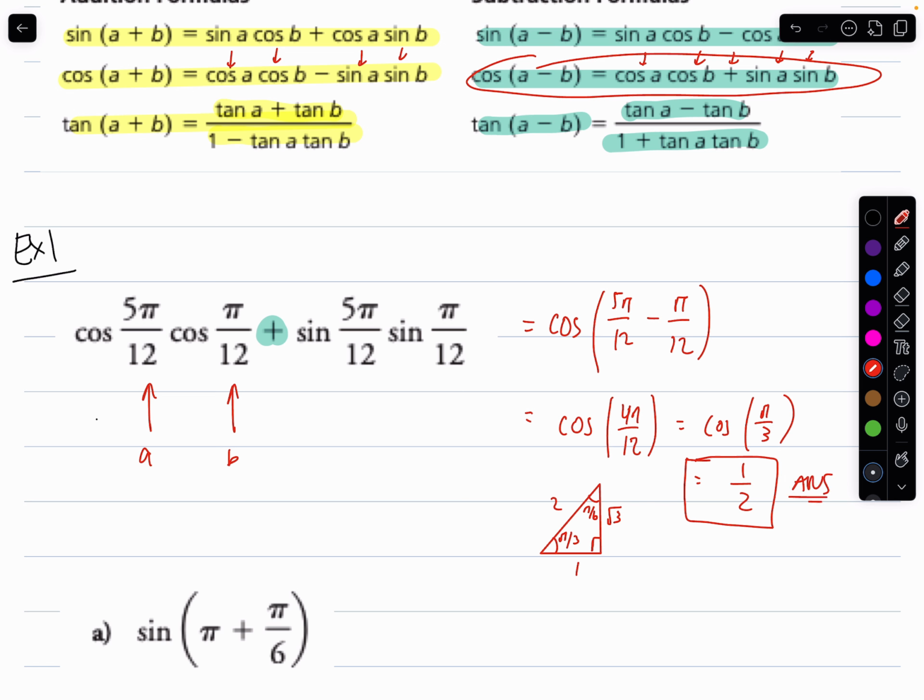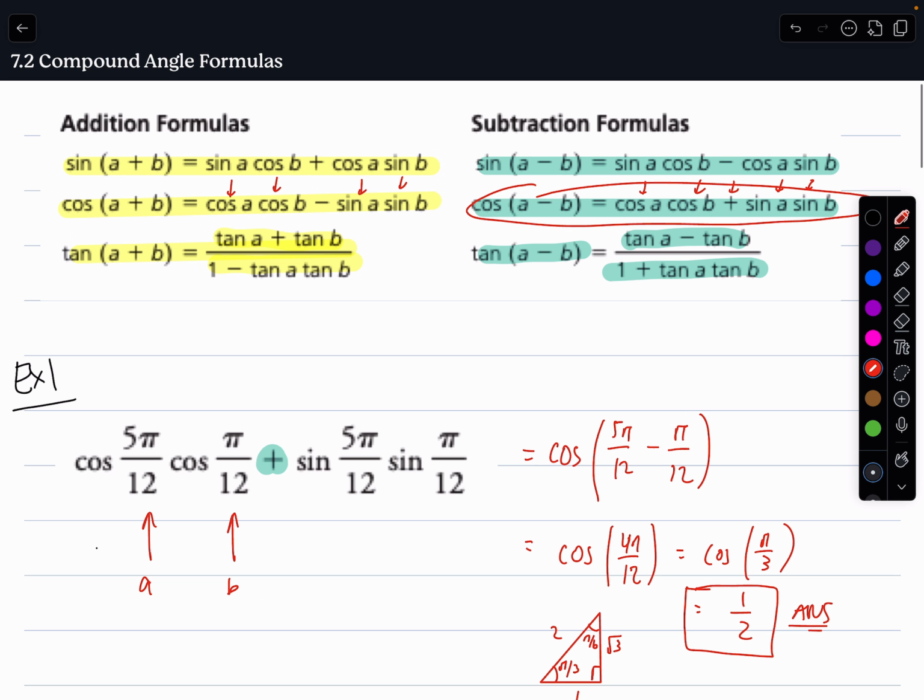This is the first type of question you're going to get. They're going to tell you the full formula, and you have to find out which addition or subtraction formula it is based off the patterns. Obviously, cos, cos, sine, sine. Some of them go sine, cos, cosine, and some have the tans looking like this in the fraction. So we have to figure out what formula we're using, and then what A and B are.